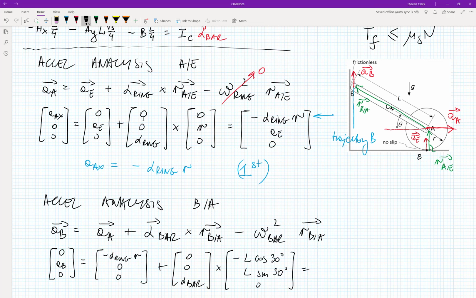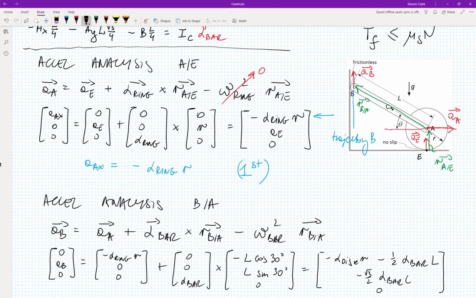Okay, guys, and if you solve this determinant, you will end up with the following expression: minus alpha disk R minus 1/2 alpha bar L. And in here you will have minus square root of 3 divided by 2 alpha bar L, 0.